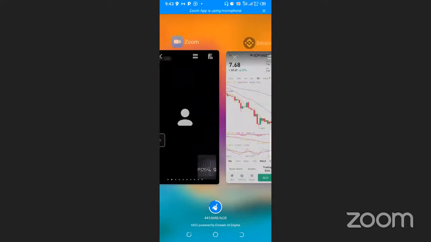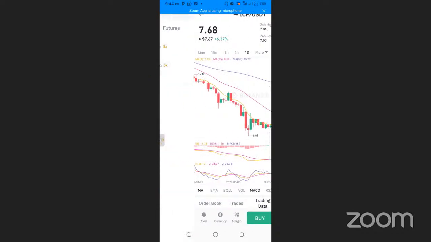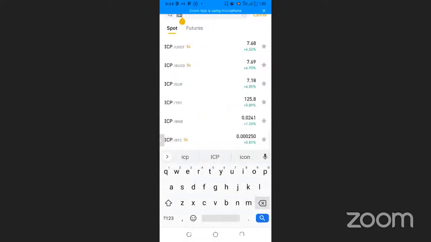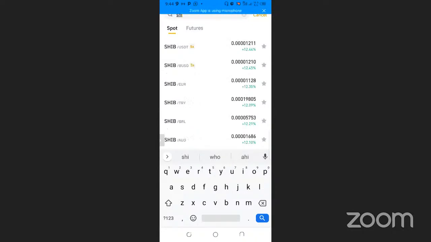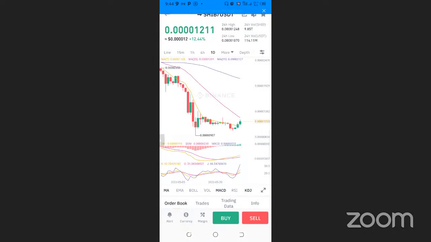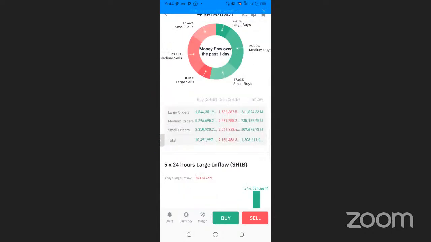So let us look at Shiba. If Shiba will be favorable for all to trade at this moment, this morning, ICP is not favorable for all to trade. Now Shiba USDT, percent. Okay, what is our trading data at the moment?